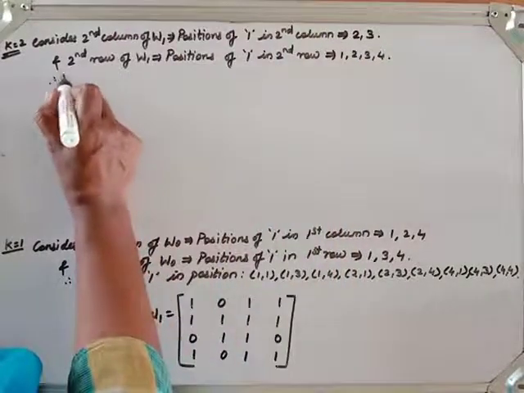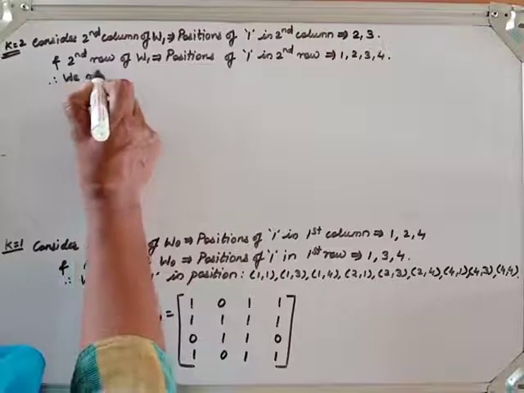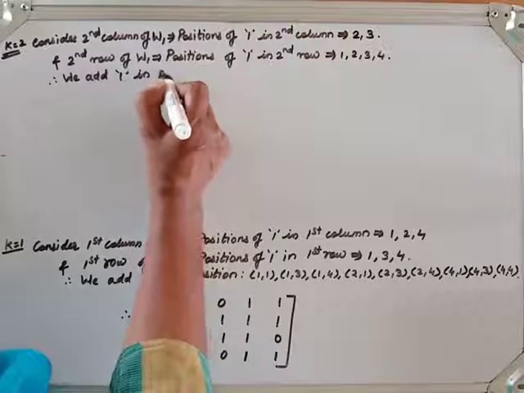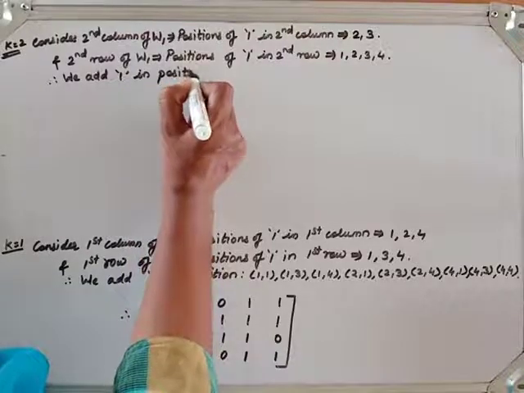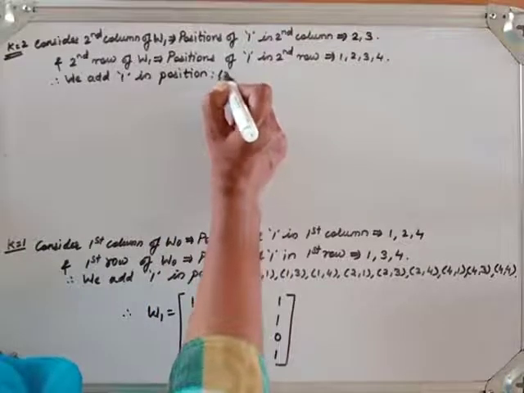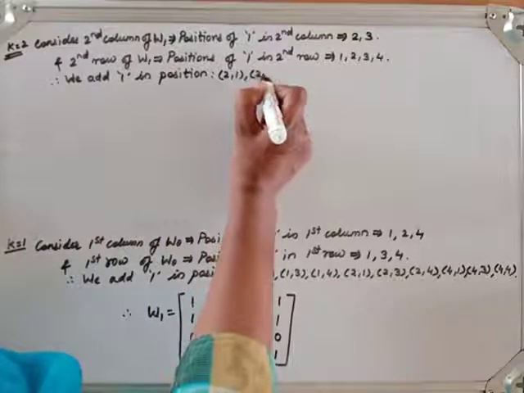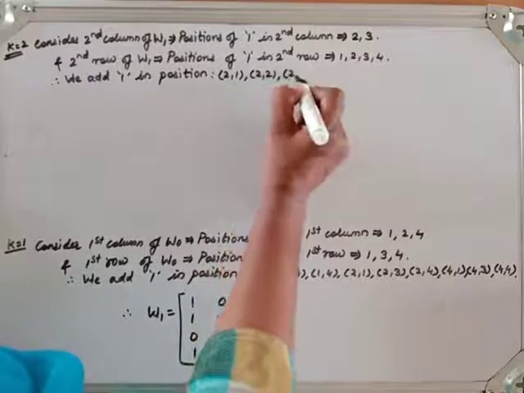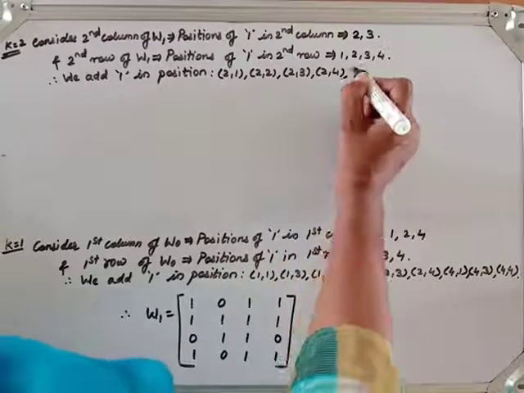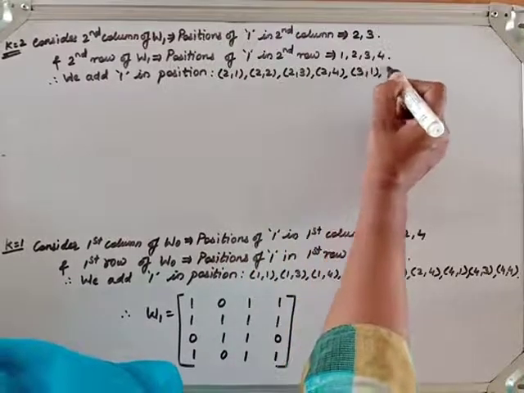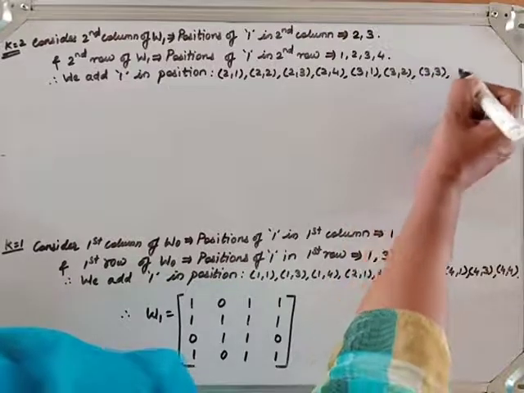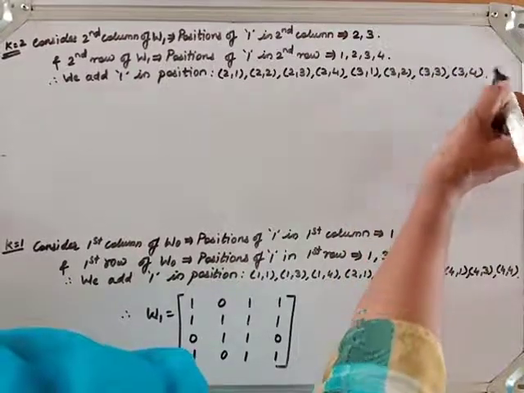Fine. Therefore we add 1 in position. Which position? This is 2 1, 2 2, 2 3, 2 4. Fine. Then 3 1, 3 2, 3 3 and 3 4 as such.